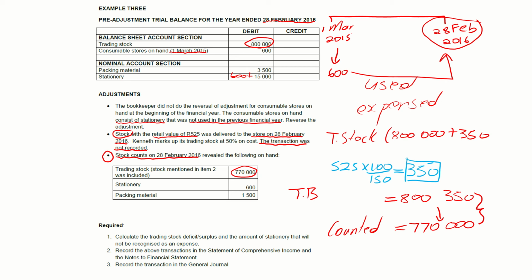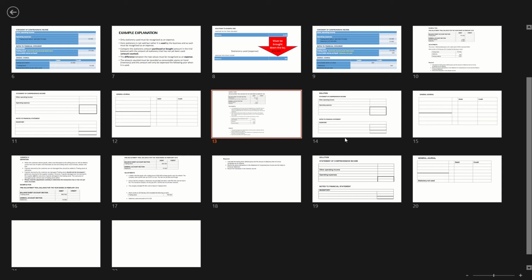Your trading stock deficit will be the difference between the stock that was counted and the adjusted amount of our trading stock. The difference between these two values will be 30,350. This 30,350 will be what we refer to as trading stock deficit, and that must be recorded in our income statement or the statement of comprehensive income.